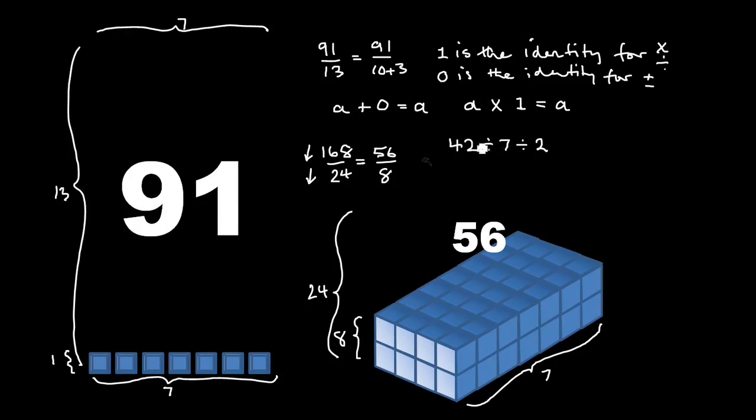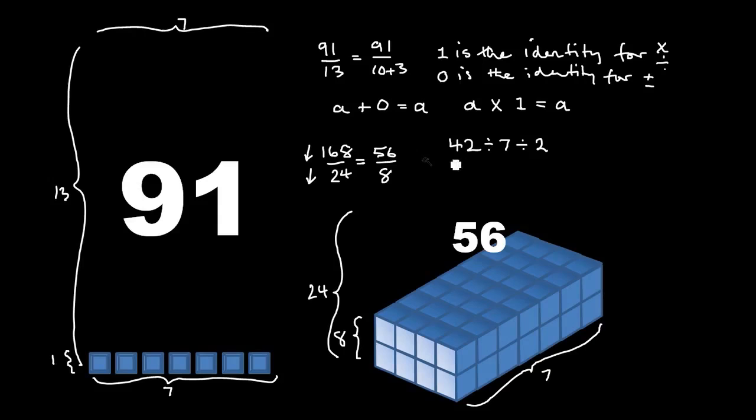Let's say, for example, we had coming up in a problem 42 divided by 7 divided by 2. It looks like a difficult thing. We might wonder what order we should do it in, and we ought to know that with division we can't simply commute because, as we said before, 42 divided by 7, for example, isn't the same as 7 divided by 42.